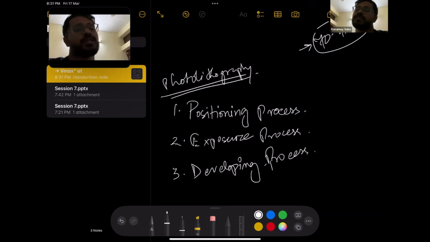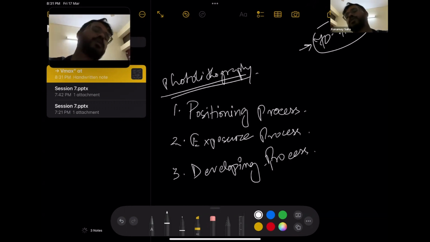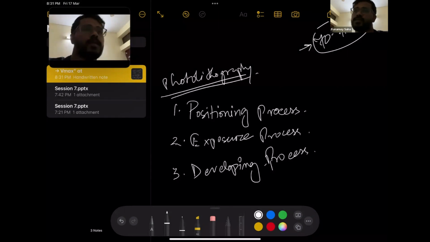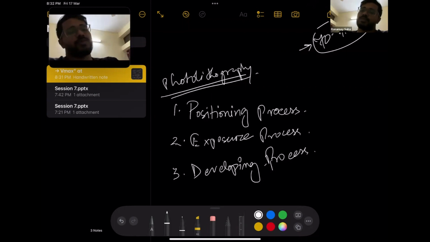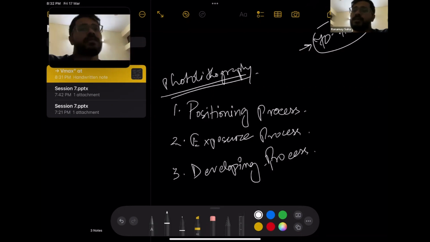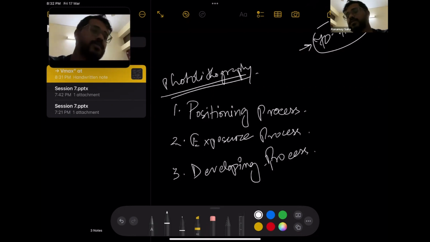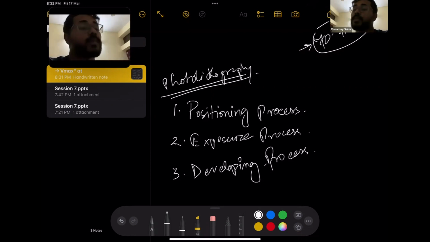So positioning is about the mask through which you are going to expose your resist coated substrate. Okay, so these are to be aligned, isn't it, before the exposure process. So this is your positioning process. Then you have to adjust the distance between your mask and your substrate. Okay, so there has to be an optimal distance between your mask and substrate.